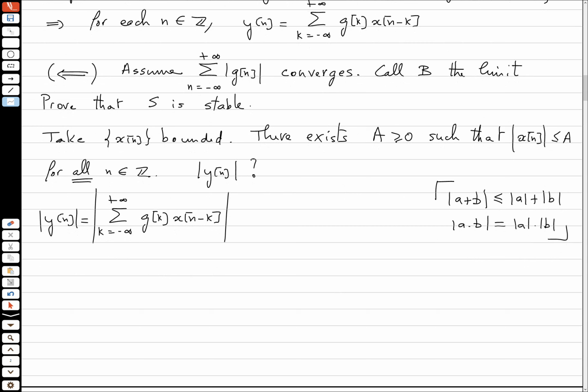Now here, what do we have? This is the absolute value of a sum of 2. Here is the absolute value of a sum of many. But it doesn't matter. If this works for 2, it works for 3, it works for many. So the absolute value of the sum is less than the sum of the absolute values.